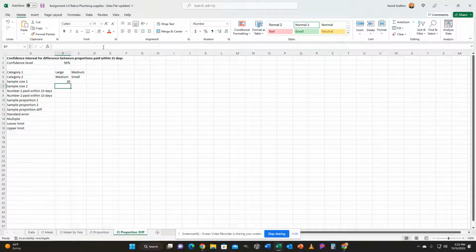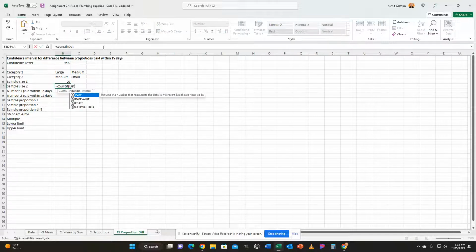Okay. Now we're going to do that function again, only we're going to change the criteria. So equal COUNTIF, data, that's our range.